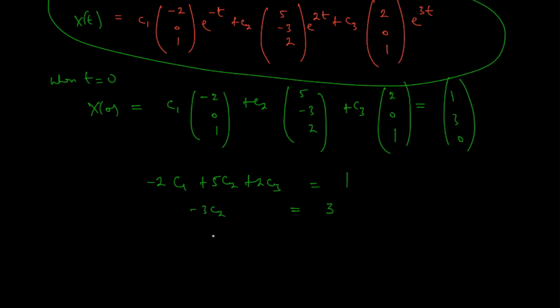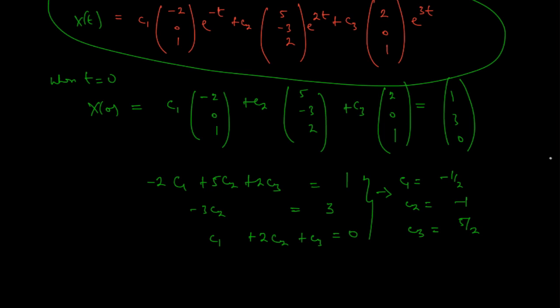And also c1 times 1 is c1, plus 2 c2, plus c3 equals 0. So we want to solve this. When we punch our calculator, we're going to have c1 equal to negative half, c2 equals negative 1, and c3 equals 5 over 2.